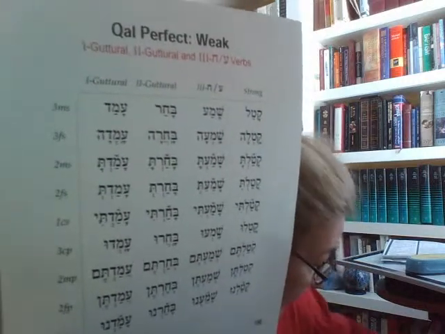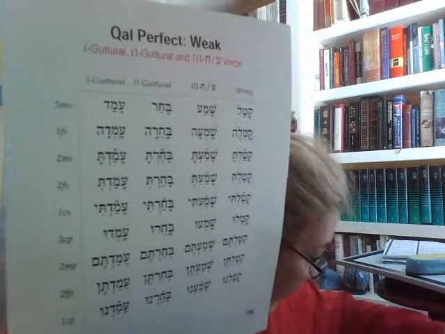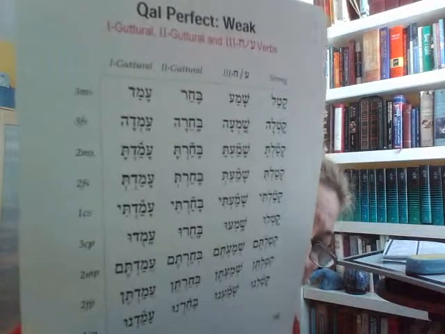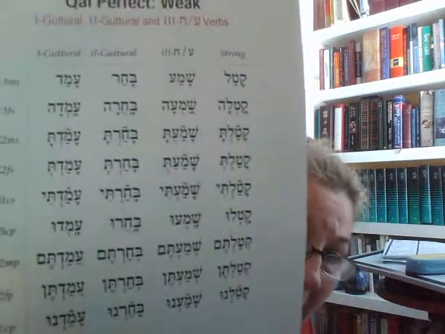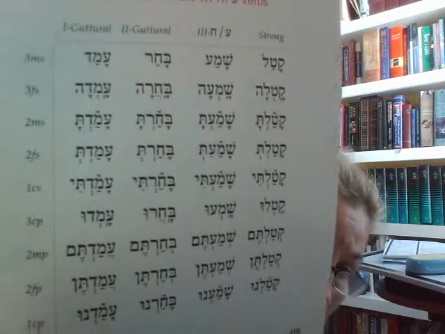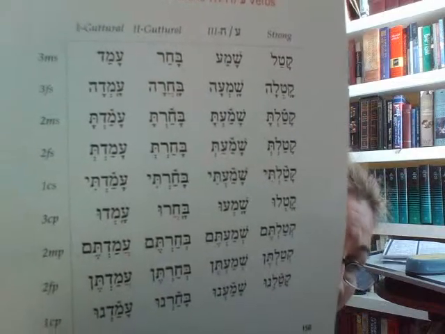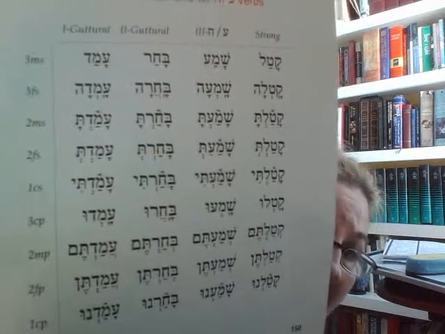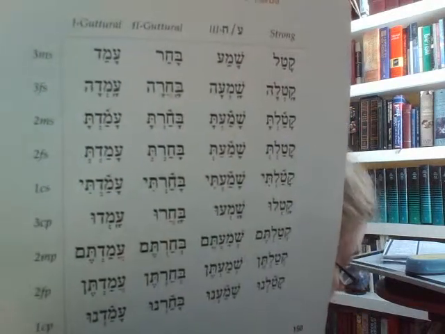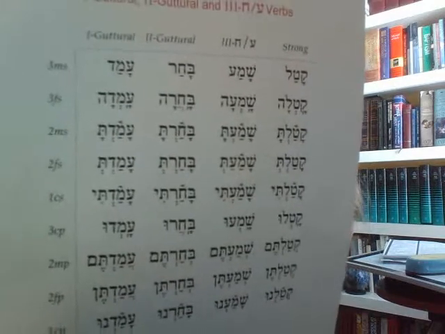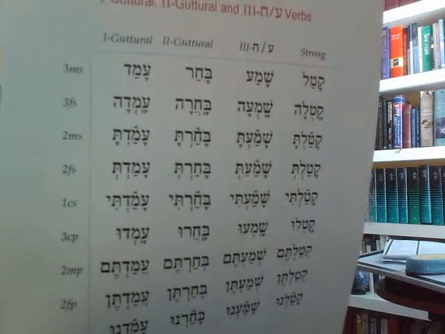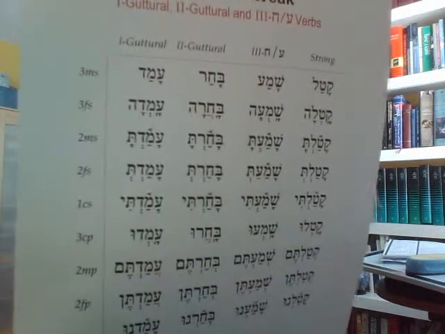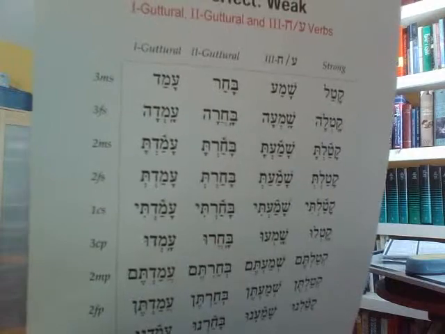This is also in your book on page 152 or 14.2. You can see that mine is marked in red, yours is not, but the changes are in red. And you can see that there are very few changes between the strong, first, second, and third het and ayin gutturals. So, in the first and second guttural paradigms, the vocal shewa changes to the reduced A vowel, the hatef patach, because of the presence of the guttural consonants.